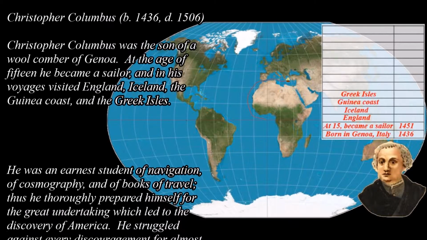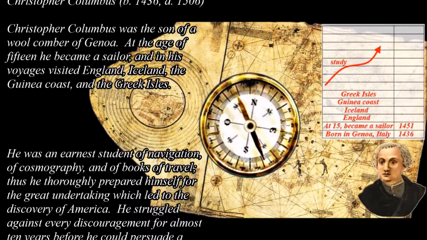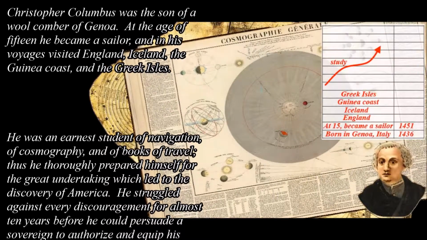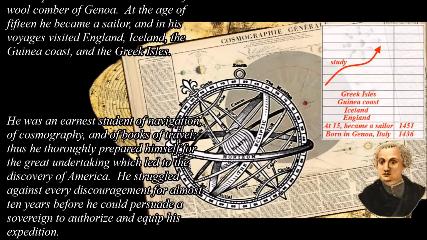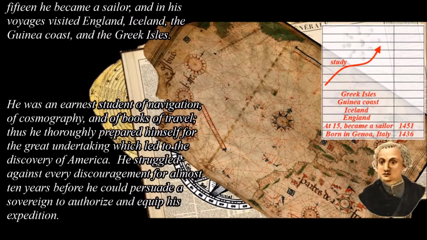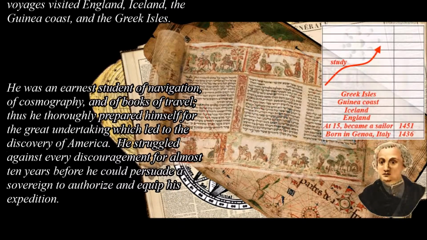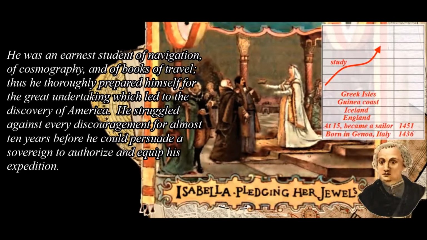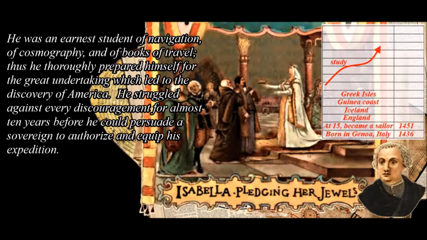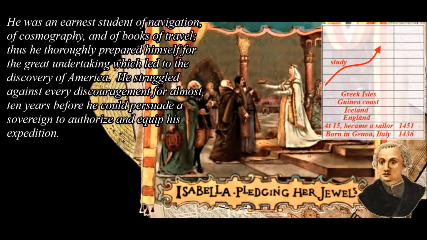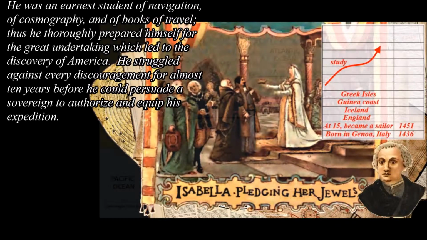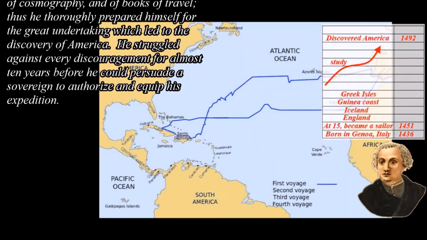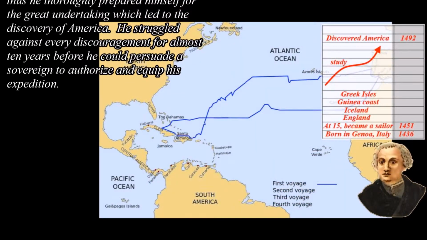He was an earnest student of navigation, of cosmography, and of books of travel. Thus he thoroughly prepared himself for the great undertaking which led to the discovery of America. He struggled against every discouragement for almost 10 years before he could persuade a sovereign to authorize and equip his expedition.